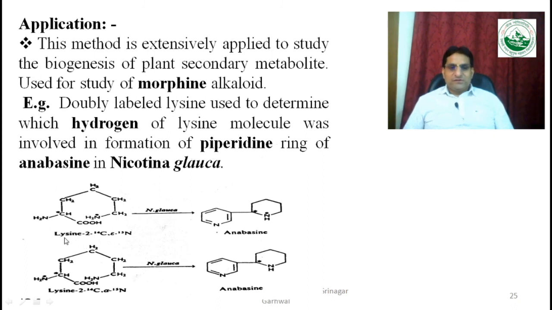We see that when we label the second carbon atom with 14C, and the amino group present at the terminal end of this structure, this nitrogen, we label with 15 nitrogen atom.